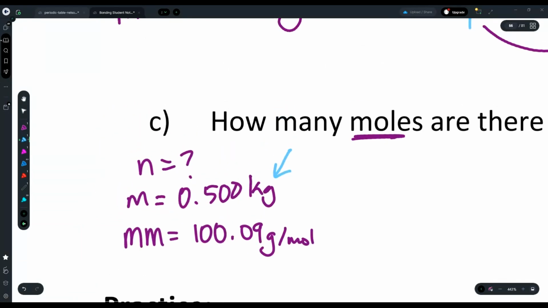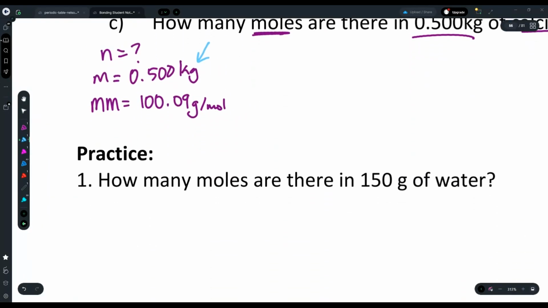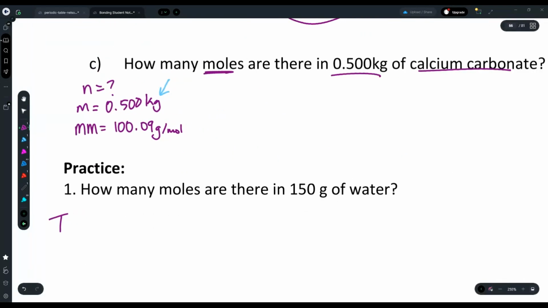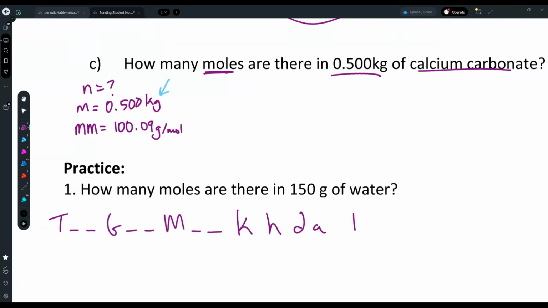So let's see, I'll have to put it down here. Recalling your metric conversion line, I'm just going to do the first half because that's all we need here. Our base units, that's where grams would be, and then kilograms would be right here.